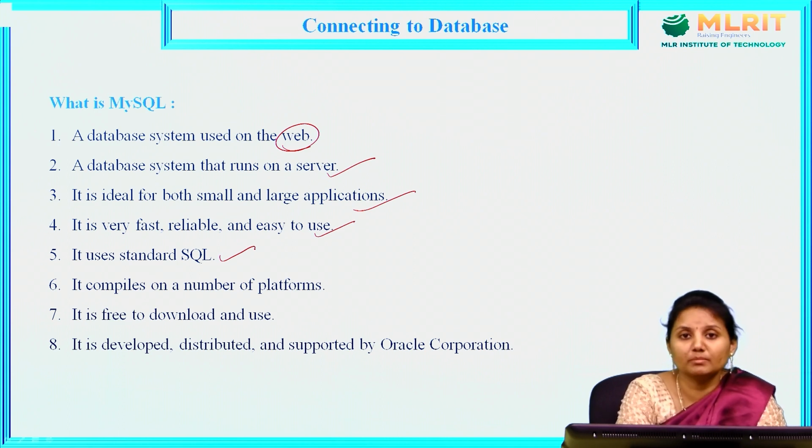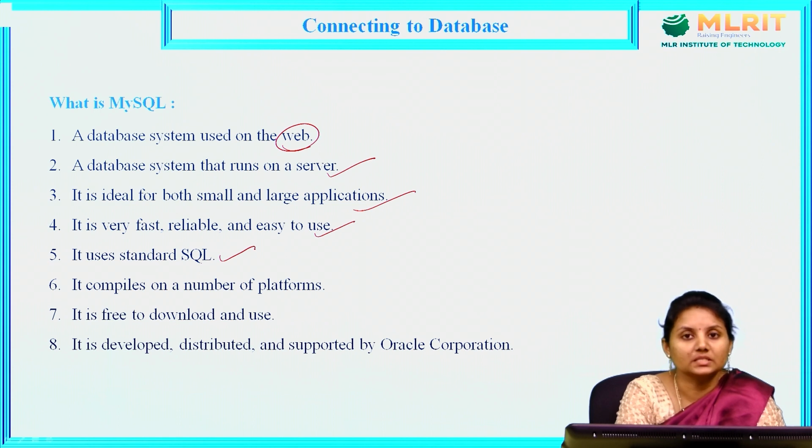It compiles on a number of platforms, so you can use it anywhere, and it is free to download and use. So MySQL is open source, and the XAMPP server is open source. In XAMPP you will have the Apache server and also MySQL is given in the XAMPP server.